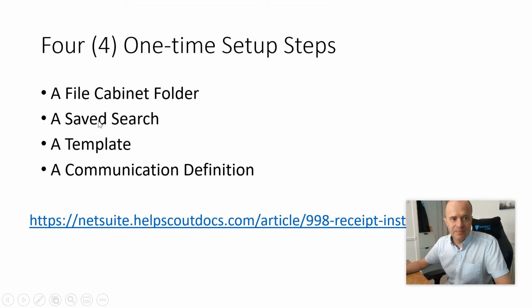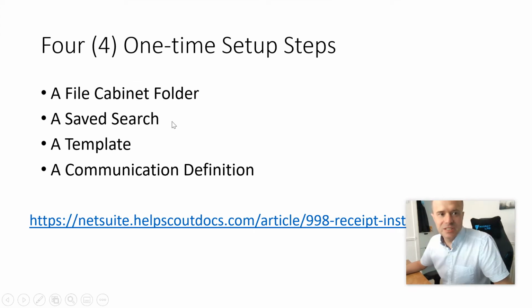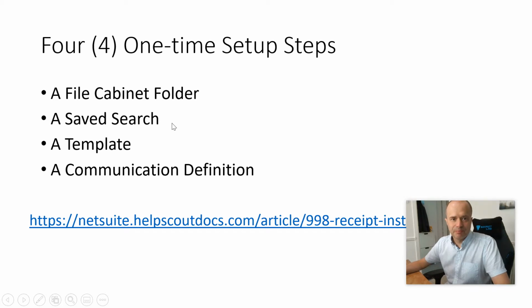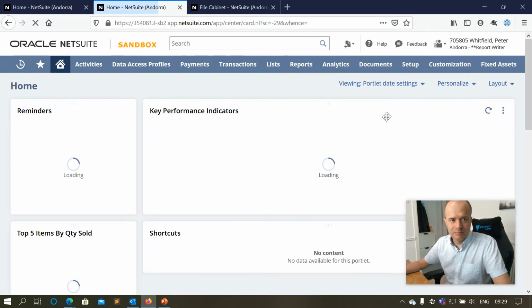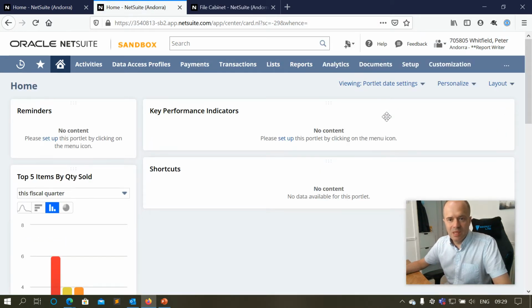So our next step was to create a saved search. So I'm going to switch now to the report writer role. There are some template saved searches which you can copy for your own entity.